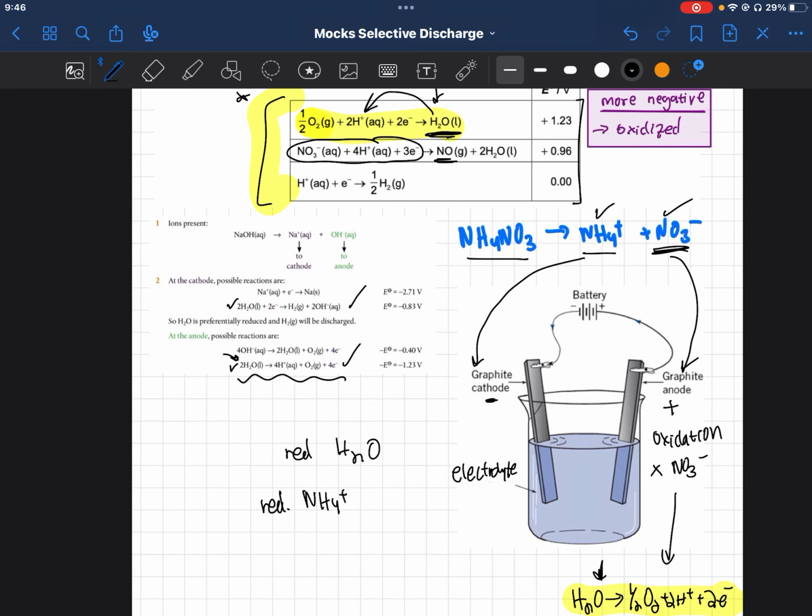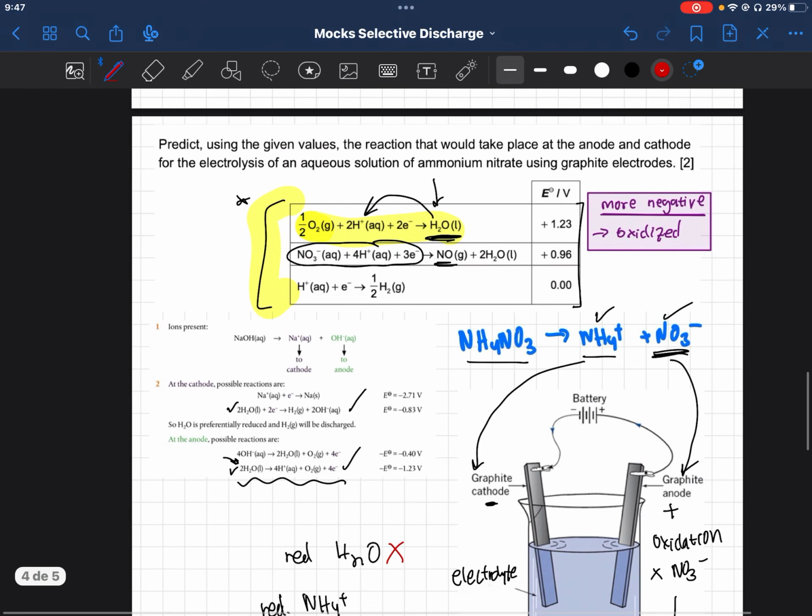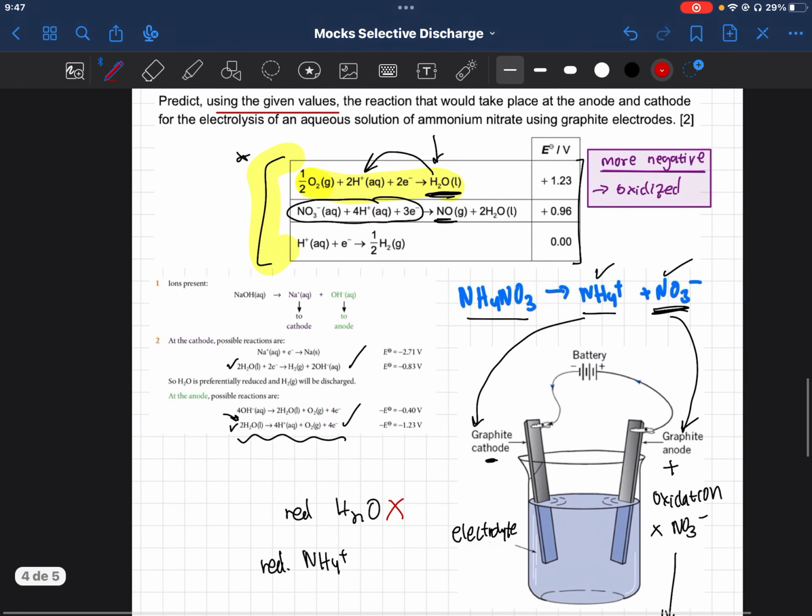Now, reduction of H2O, I don't have that information, so I can't even consider. They did not give me the reduction of H2O. We just saw on paper 1, maybe they want you to have it memorized, but I'm only supposed to be using the given values, so I'm not going to go to the back of my head, remember what the reduction of H2O is, remember the E0 value. It's not given, so I can't consider it.